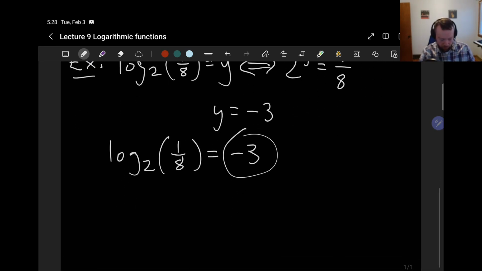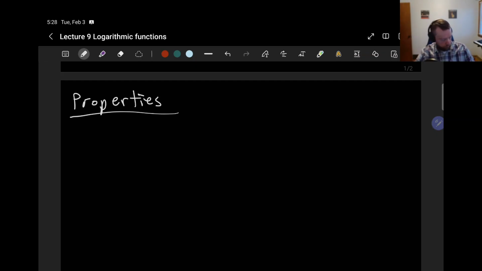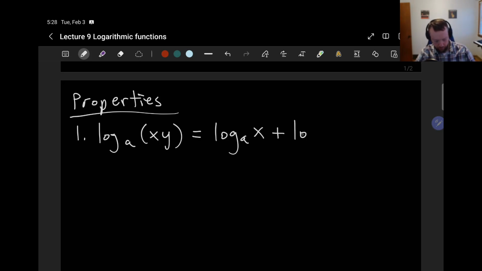Now let's discuss properties of logarithms. Very important. Property 1. Whenever I'm taking a log of a product, xy, I can write this as a sum of two separate logs, splitting this into log base a of x plus log base a of y.